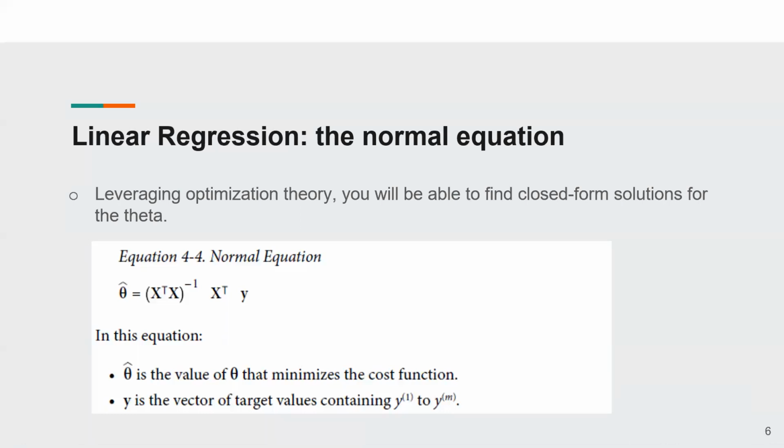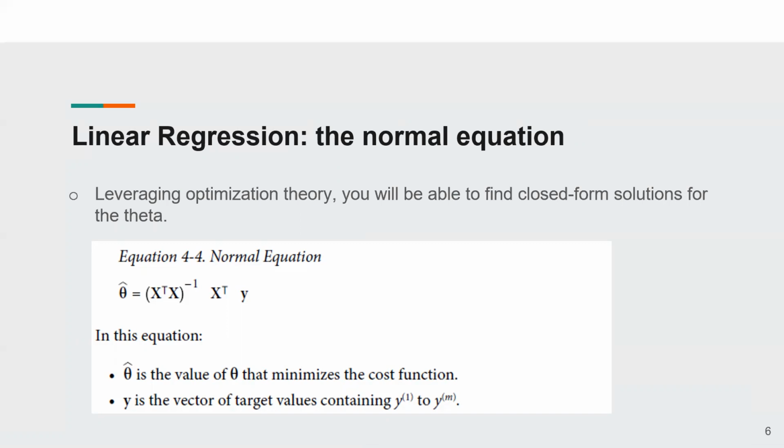There is another way. You could leverage optimization theory, and you will be able to find the closed form solution for theta. The theta estimate is x transpose x inverse times x transpose times y.